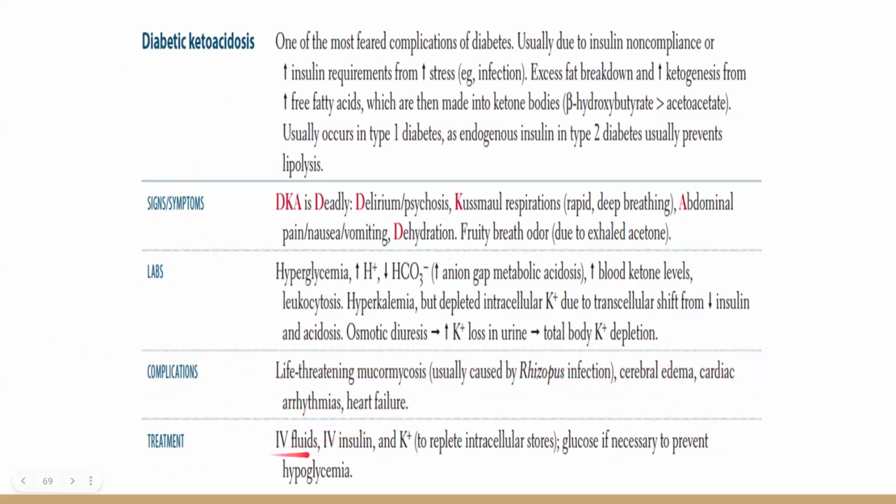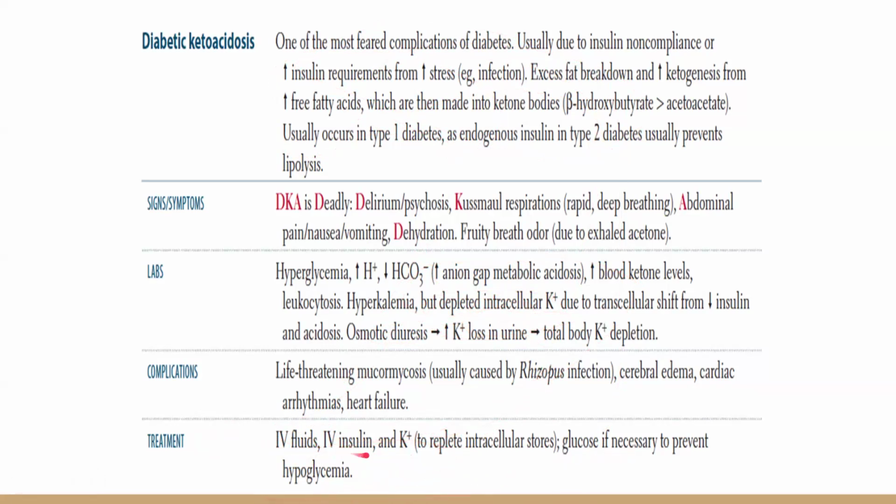Treatment is IV fluids, IV insulin, okay? IV fluids to replete because you have osmotic diuresis, you have the hypovolemia that we mentioned, right? IV insulin to make up for this. Potassium to make up for this. You give potassium with glucose if necessary to prevent hypoglycemia.